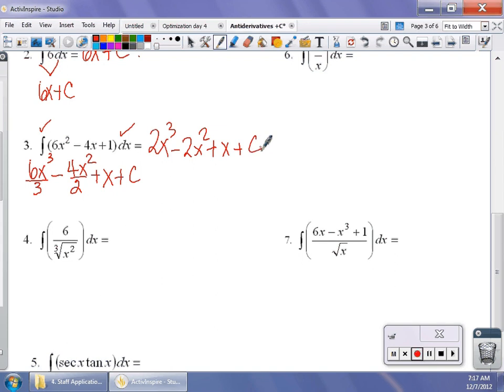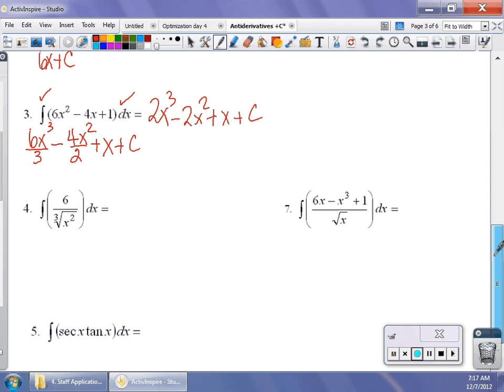Problem number 4. Before we start on this problem, we're going to need to do a little bit of algebra and rewrite the expression. So I'm going to change this into the antiderivative of 6x to the negative 2/3 power. So now I just use the power rule, finding the antiderivative in terms of x, increase the power by 1, so negative 2/3 plus 3/3 gives me 1/3.